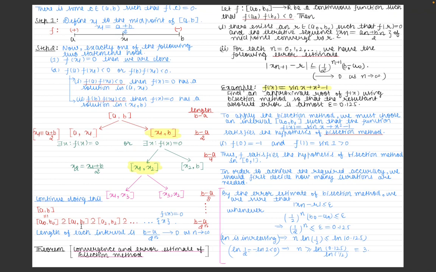This was the sequence x_n, and minus this r. These are the approximate values of the root, and r is the real value. So the difference between them is the error, and this is precisely (1/2)^(n+1) times b naught minus a naught, and this we know why, right? And you see this goes to 0 as n goes to infinity.